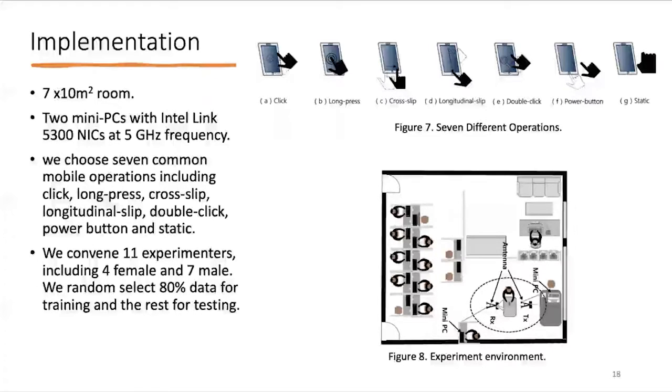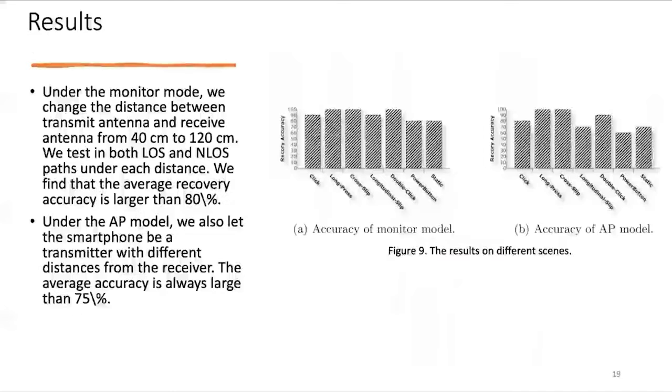And we convened 11 experimenters, including 4 female and 7 male. And we randomly select 18% of the data for the training and leave the rest for the testing. Figure 9 shows the results in different scenarios.